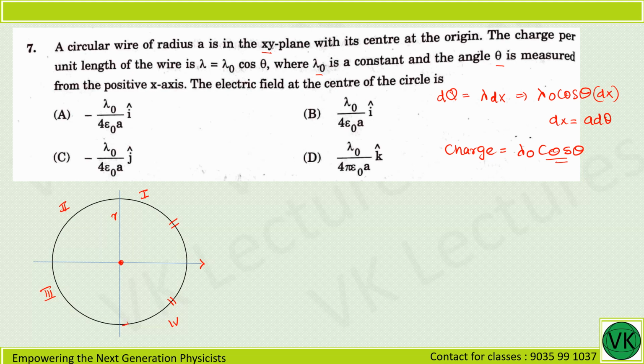So here on the right side you have all positive charges, from minus pi by 2 to pi by 2, or 3 pi by 2 to pi by 2. The right side will be all positive charges, and on the other side you have all negative charges placed, because cos theta is negative in the second and third quadrant.